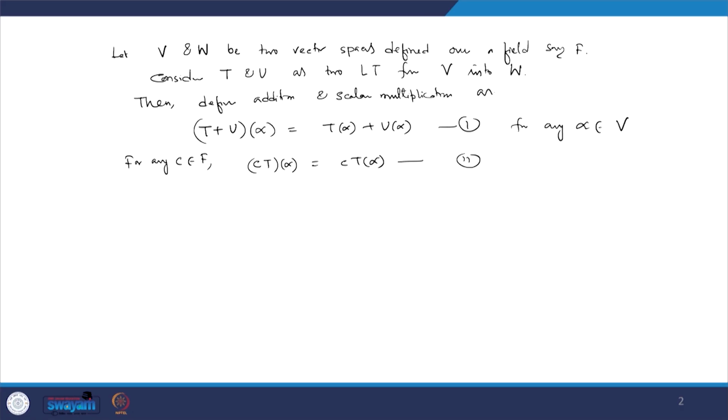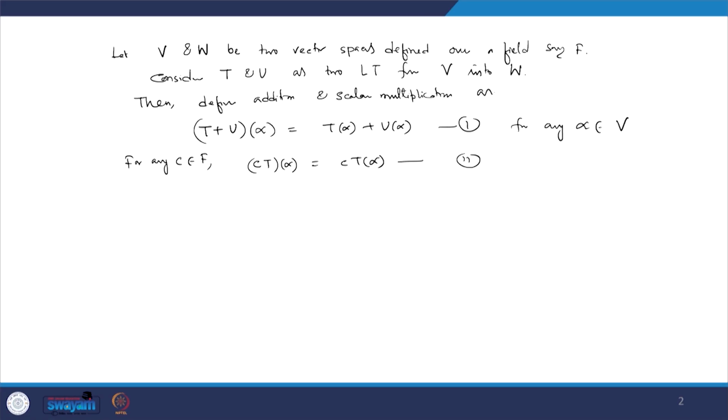Basically, if you consider V and W as two different sets and if you consider the functions from V to W, and if you collect all the functions from V to W defined by addition like 1 and scalar multiplication 2, we have seen that is a vector space.